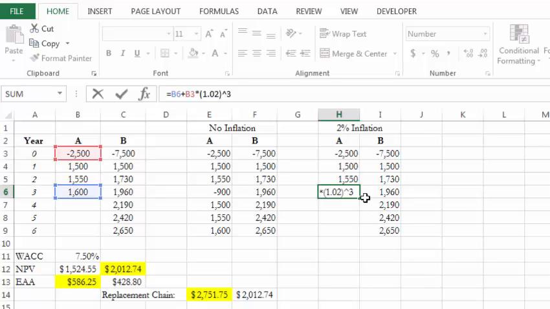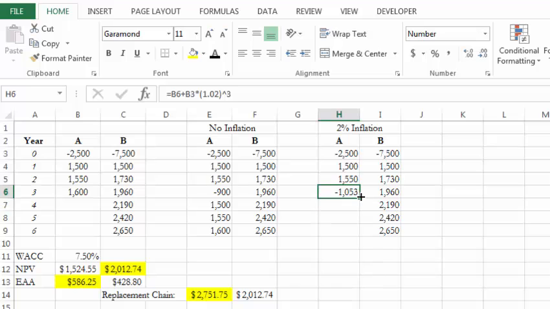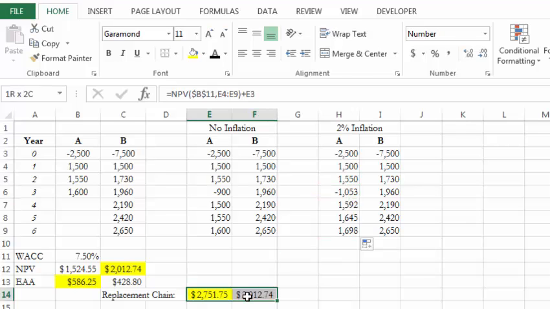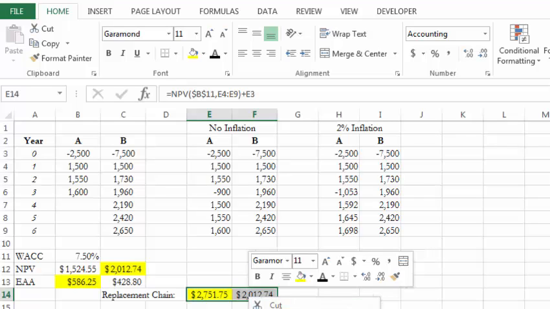So we hit enter and we pull that down, and we get a negative here, but the rest of them are positives. So I'm going to highlight those and copy, because note we have held the rate constant and everything else, it should be okay.